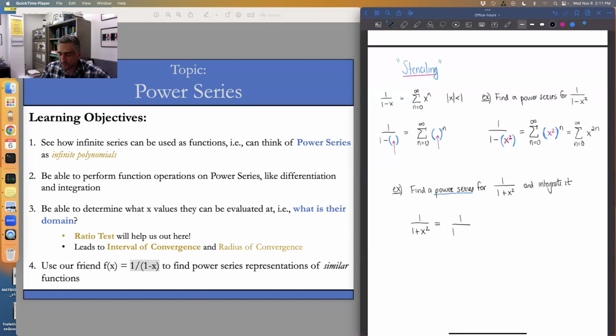To generate that plus sign, we could do a minus of minus x squared. And that means we can wrap that minus x squared in parentheses. Now we have something in the form of our stencil, a 1 over 1 minus something, that something being a negative x squared.